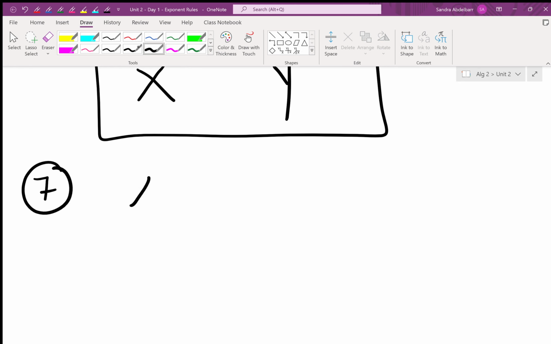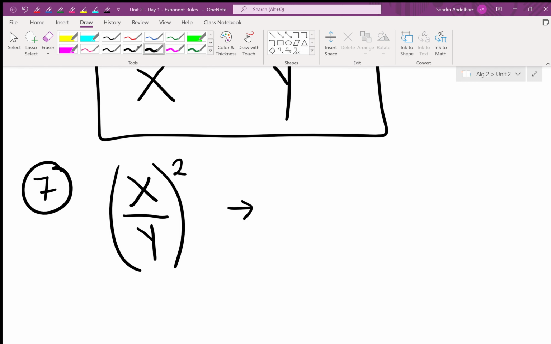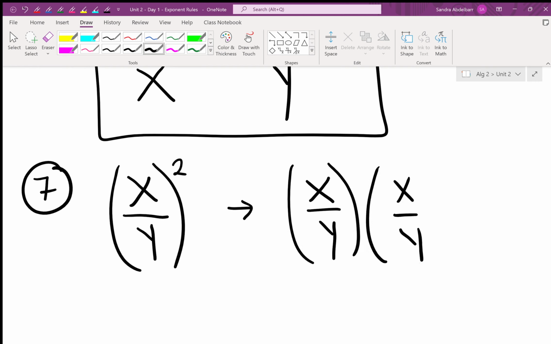So if I had x over y raised to the second power. Do you agree that's x over y times another x over y, which ends up giving us x to the second, y to the second? Yeah?